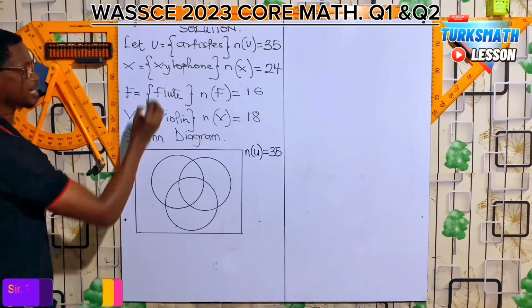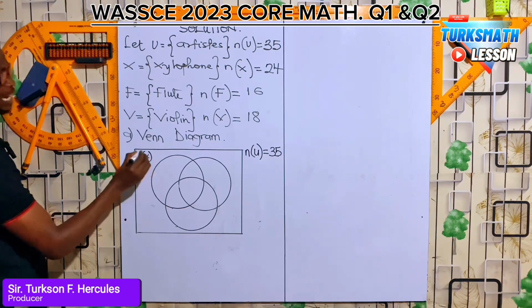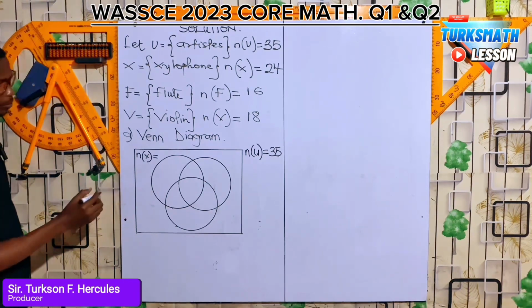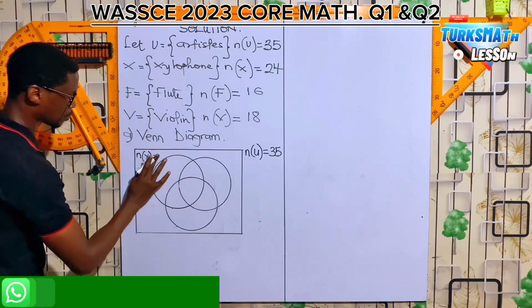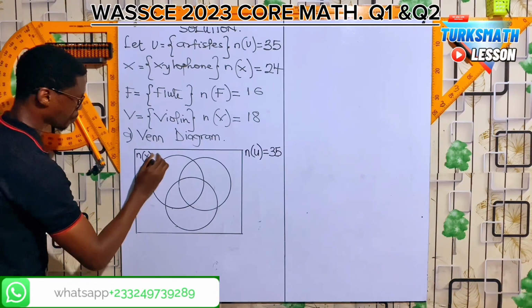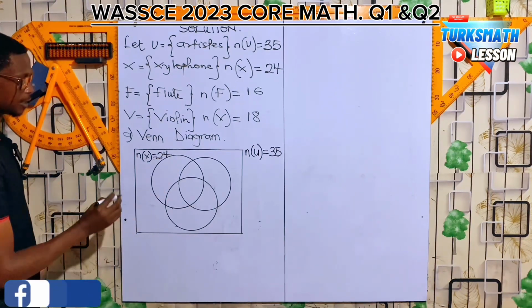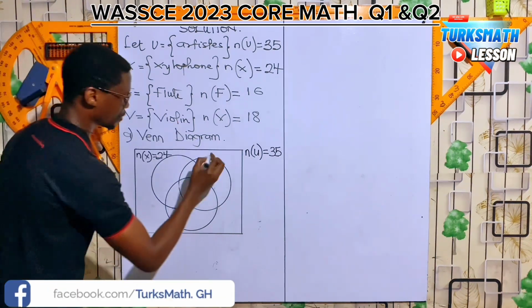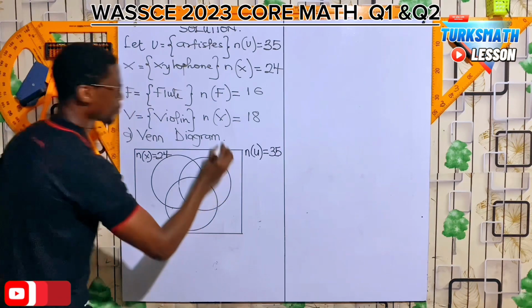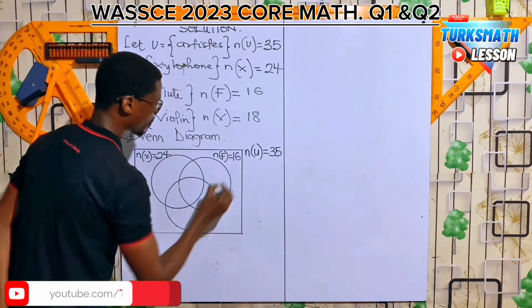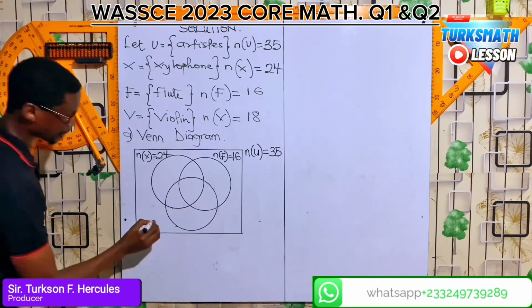Then X for xylophone, number of artists who play xylophone. Then flute. Number of artists who play violin.